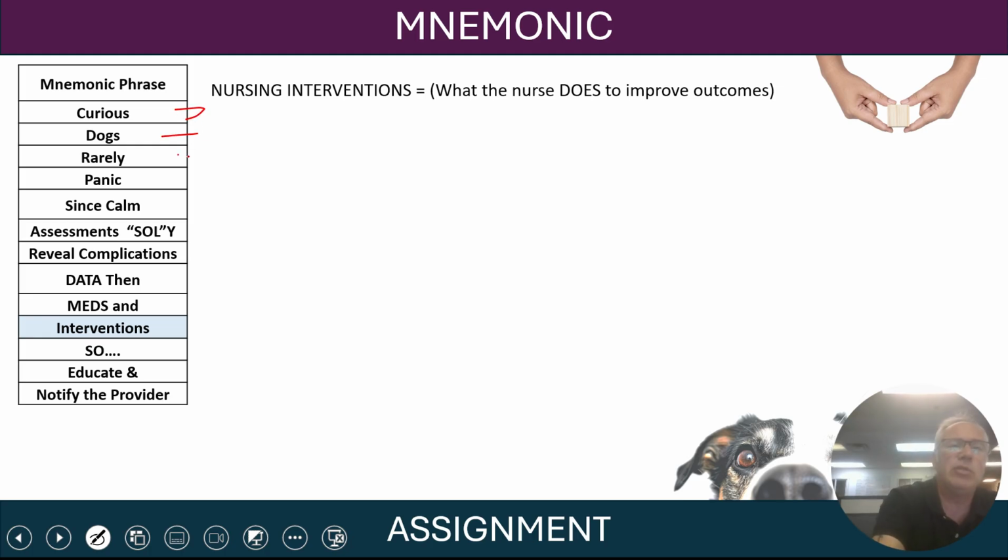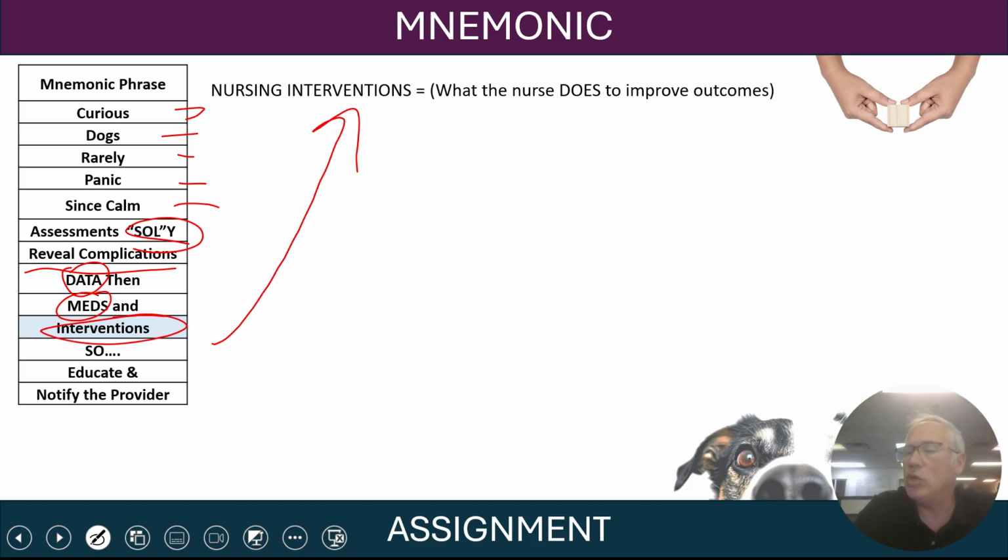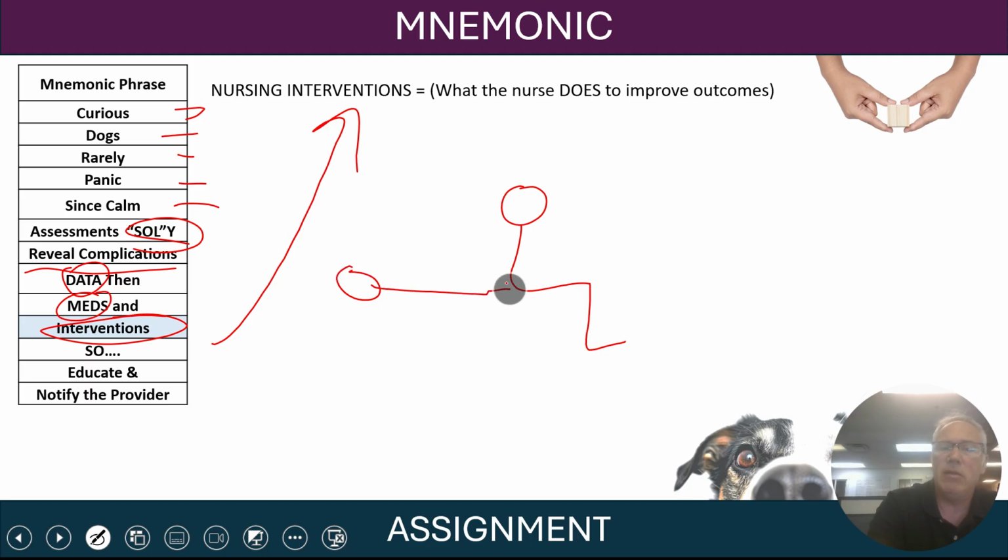Okay, next thing is nursing interventions. "Curious Dogs Really Panic Since Calm Assessments Solely Reveal Complications": data, then meds, and interventions. Interventions are what the nurse does to improve the outcome. That could be as simple as sitting a patient up. If they're laying down like that, that's called the supine position.